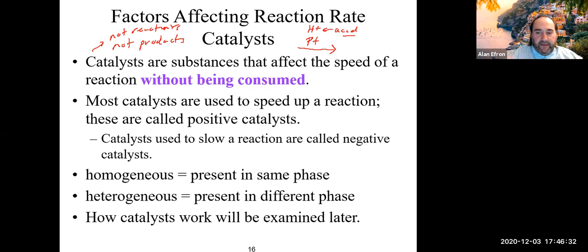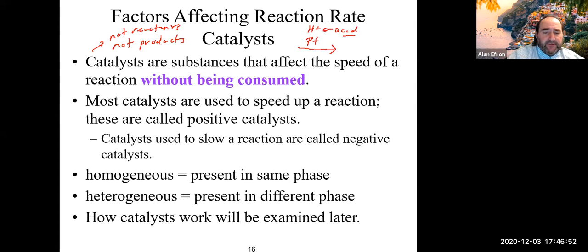So instead of everybody just floating around trying to come in contact with each other, sometimes catalysts can be an attractive center for everybody to come down to a central location, allowing the reaction to occur a little quicker than it would if it was not present.